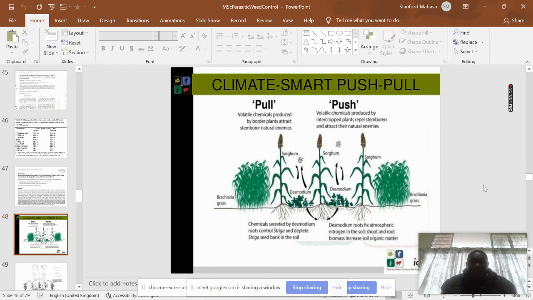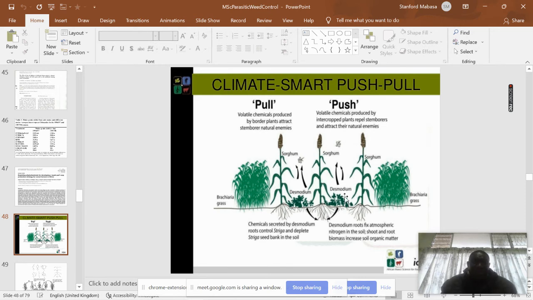So desmodium will produce some chemicals which disrupt the life cycle of striga, and it will be safe for the sorghums. It will also produce some chemicals which will drive away the stem borers to this brachiaria grass. The brachiaria grass may also produce some chemicals to attract this pest.